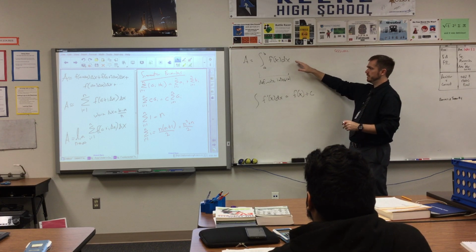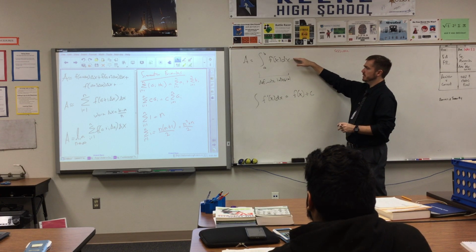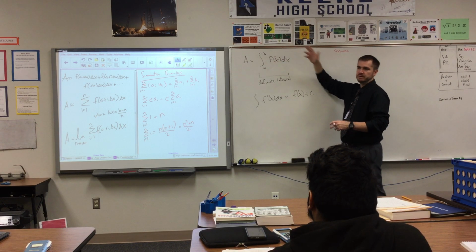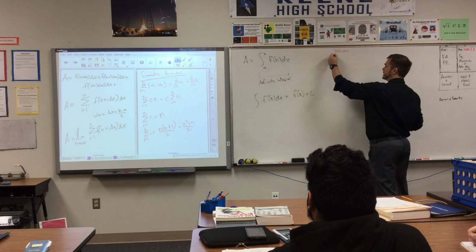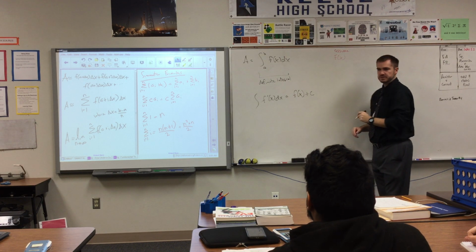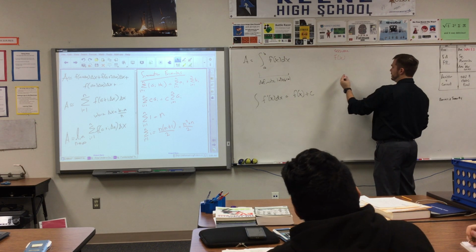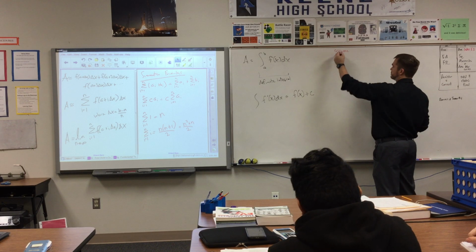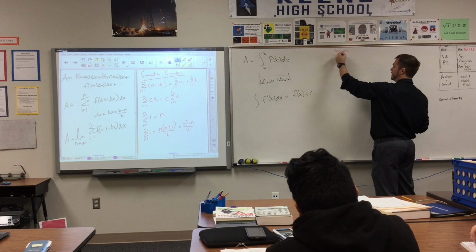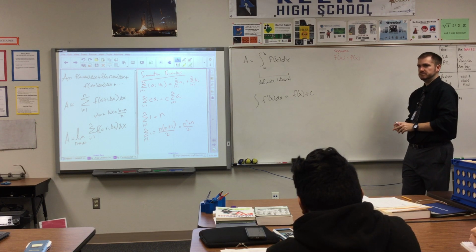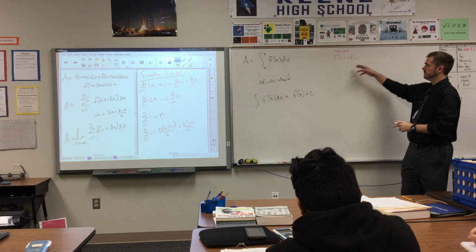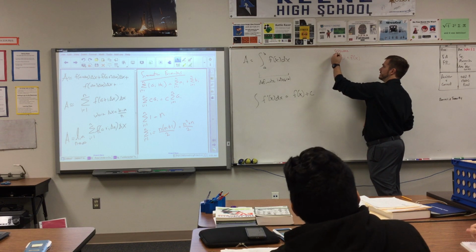It's not really a parent in your algebra 2 sense, but there's a function above f. We'll call it capital F. Assume that there's a capital F function, and if you take its derivative, big F prime of x equals little f. That's a prime marker.